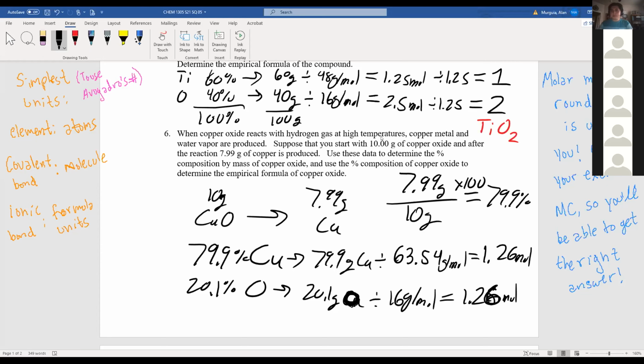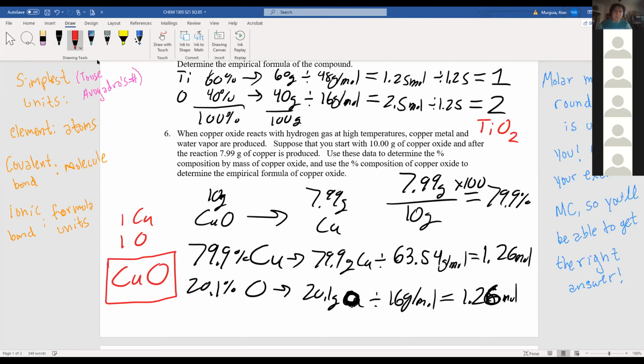You divide by the smallest mole. In this case, which is my smallest mole? They're the same. Since they're the same, we just divide by the same number, right? So when we divide them by the same number, we end up with 1. So we see that there's 1 copper and 1 oxygen. So we put that in a formula. This would be our empirical formula.